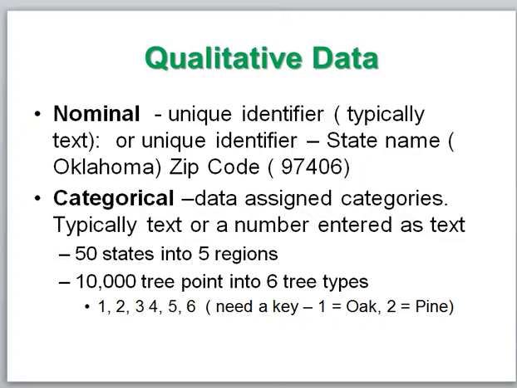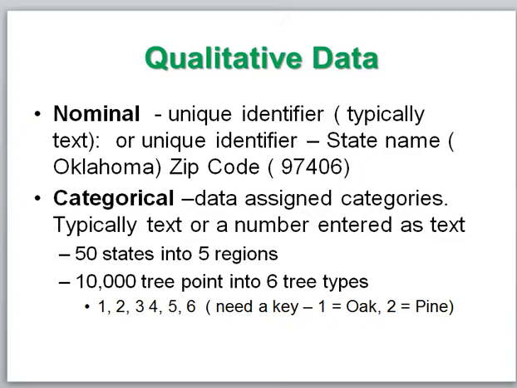So under the level of measurement for qualitative data, there are two types, and the first one's kind of odd. It's considered a nominal field, and it's usually a unique identifier. It's typically text, and it is used to give a name or identify something.